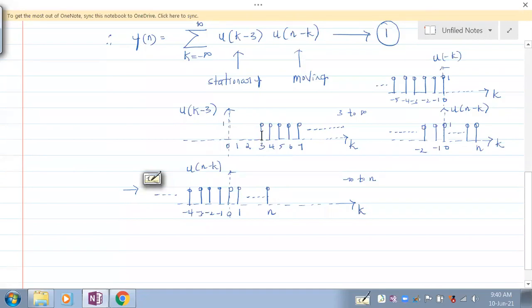He's standing at position 3, right? He's standing at some position n. I don't know what that n is. For these two players to handshake, he will not move, so he should come to the place where this person is. That means this person should come at 3 so that these two will handshake.